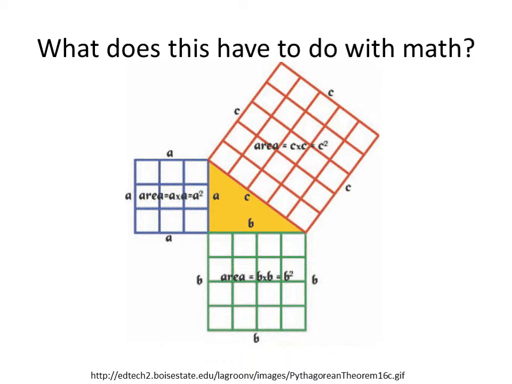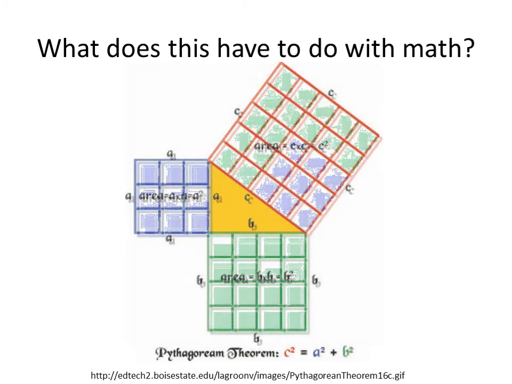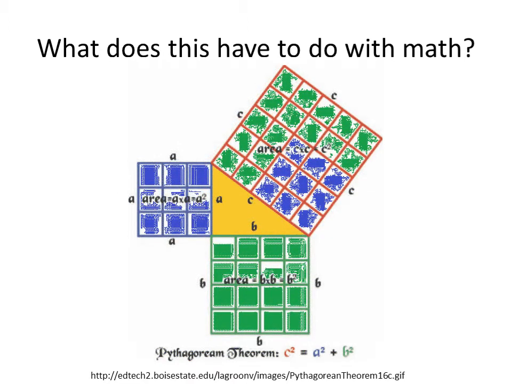And this is a length of 5 by 5 for this square. So if we shade these in so that the A sides are blue and the B sides are green, okay, we can see that these two areas add up. There are 9 blue squares on each, and there are 16 green squares on each.